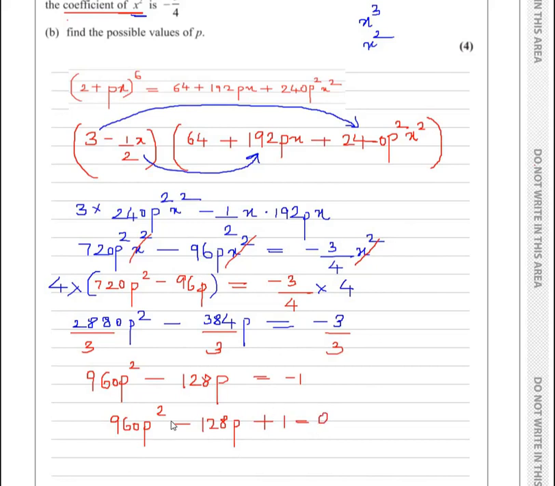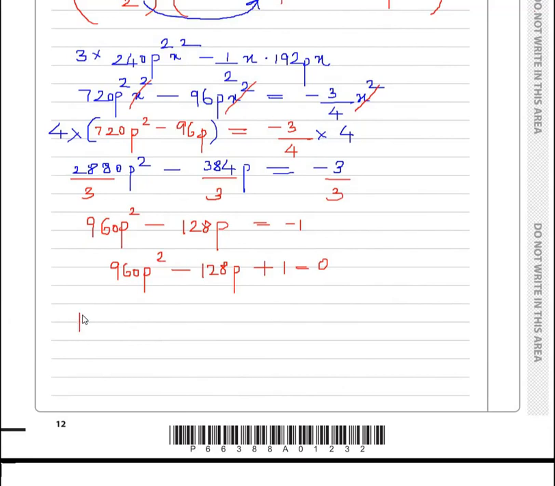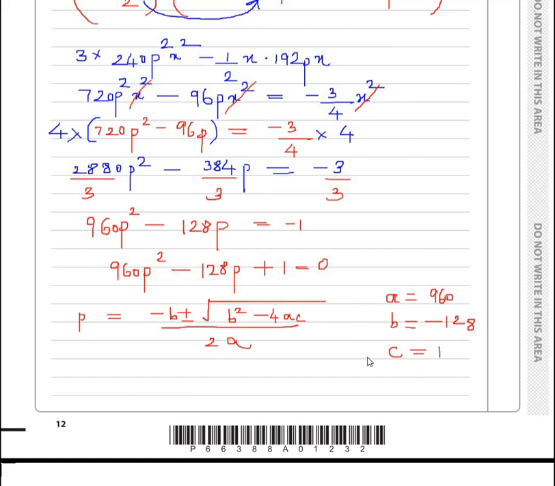So to solve this equation, you can use the quadratic formula, that is p is equal to minus b plus minus root of b square minus 4ac divided by 2a. So here we have a is equal to 960, b is equal to minus 128, take it along with the sign, and c is equal to plus 1.